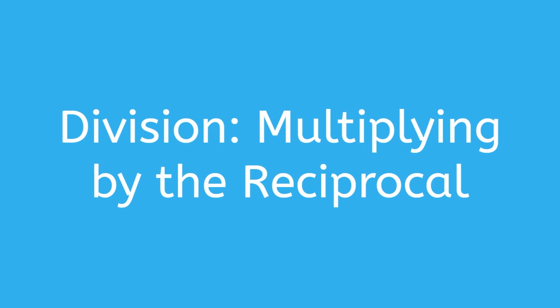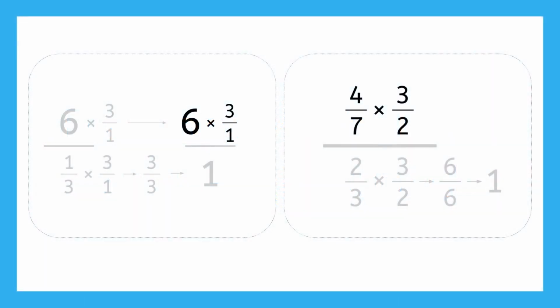Division: multiplying by the reciprocal. You may have noticed that each time we multiplied the top and bottom of these division problems by the denominator's reciprocal, the denominators became 1, and we could focus on just the numerators.